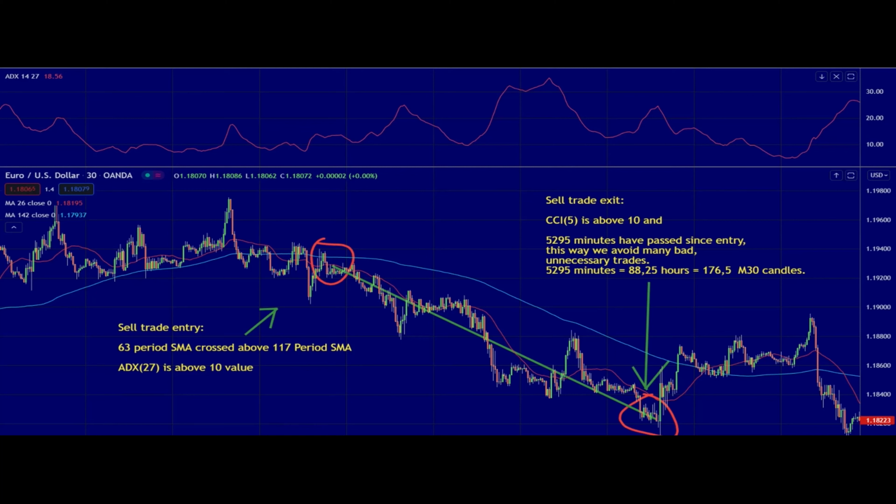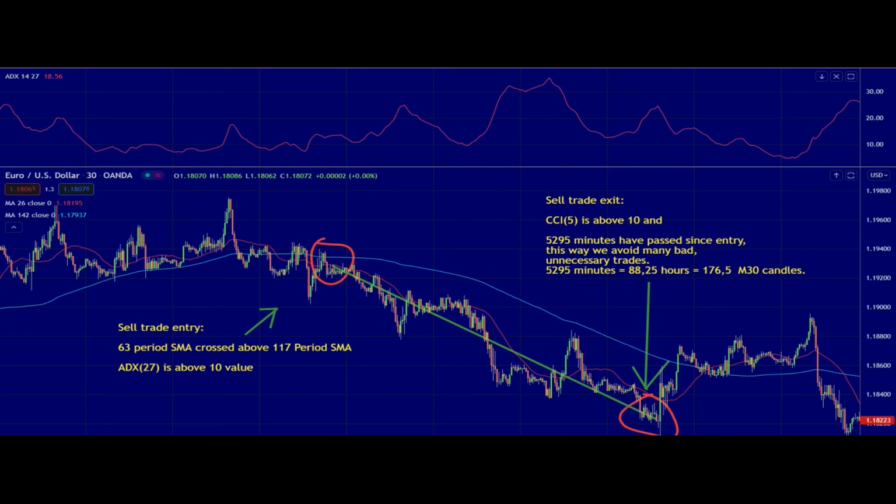You should create completely different and new entry and exit rules and conditions for the sell trades as well. So that means that, of course, the strategy should be similar and contain the same kind of indicators, but you should add new elements to it and experiment.